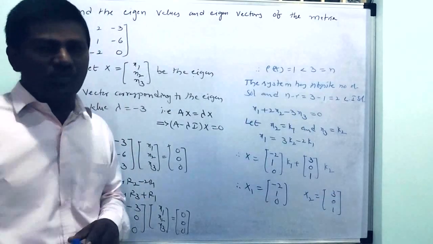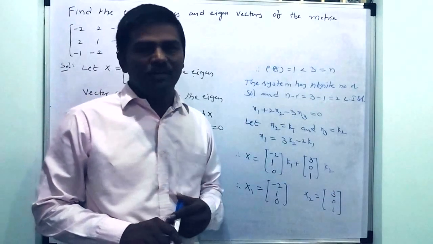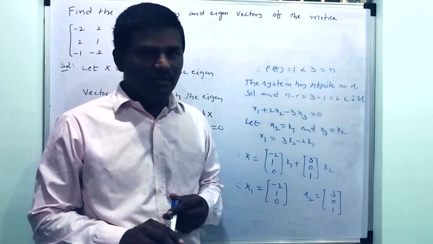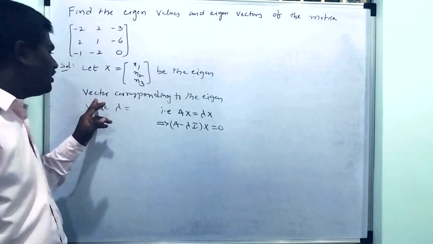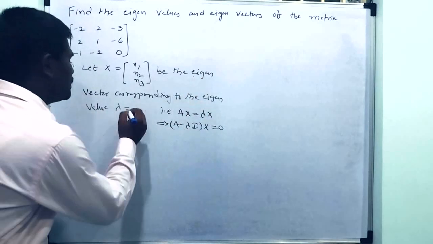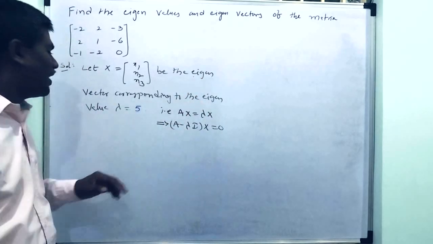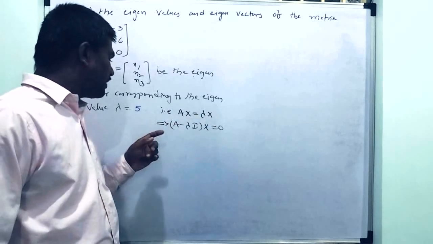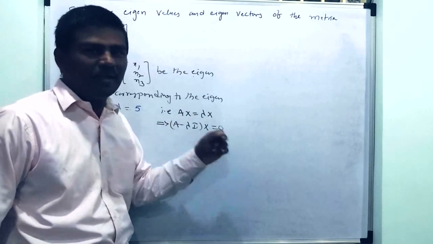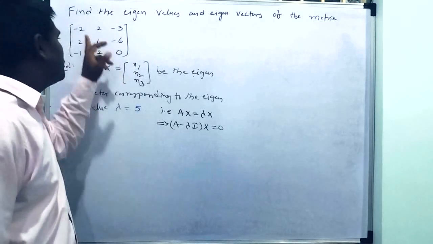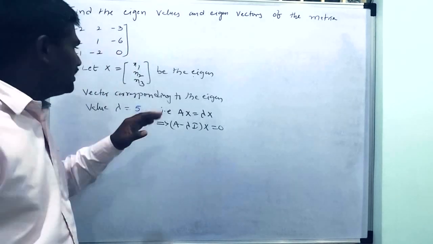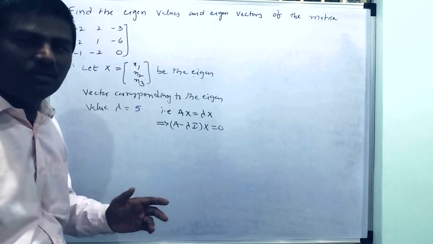Now you need to find the eigenvector corresponding to the eigenvalue lambda is equal to 5. Let x is equal to x1, x2, x3 be the eigenvector corresponding to the eigenvalue lambda is equal to 5. That is Ax is equal to lambda x. That implies A minus lambda into x equal to 0. That means you need to subtract 5 from the diagonal of the matrix and multiply with the x, which is equal to 0.